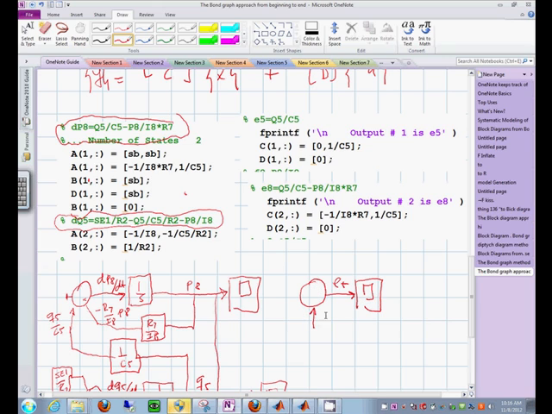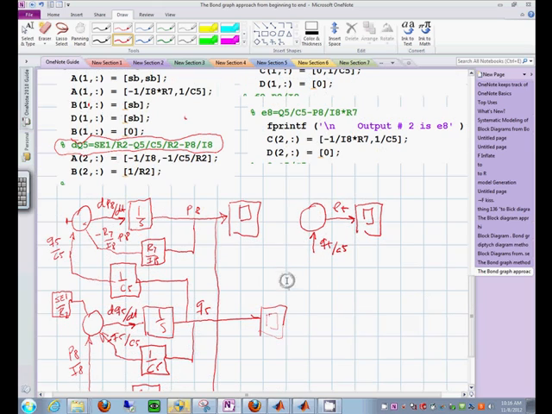What do you have in here? Q sub 5 over c sub 5. This one, q sub 5, comes over here. You could just do it this way. Right there is 1 over c sub 5, and then connect, and it's done for this.